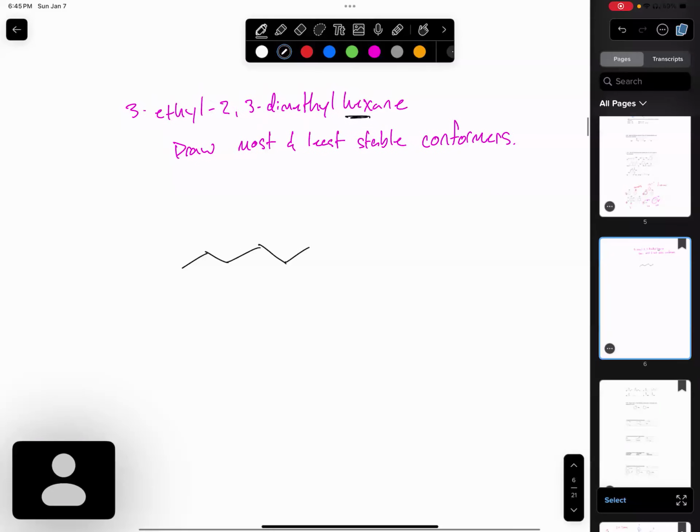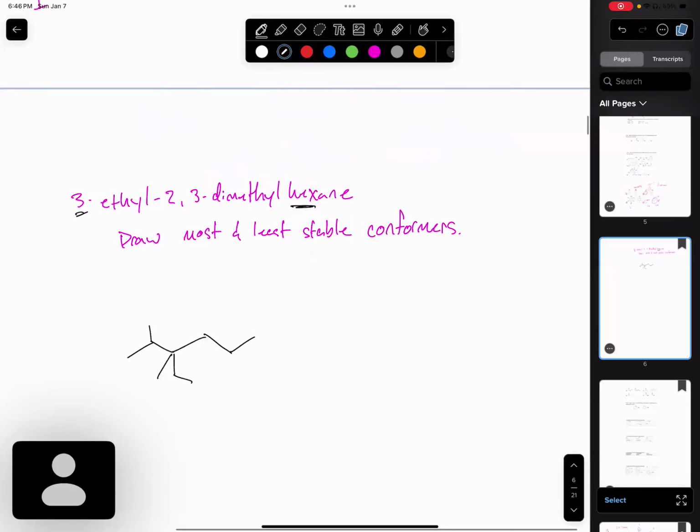I tell you that on 3, there's an ethyl. 1, 2, 3, there's an ethyl here. And on 2 and 3, there's a methyl. So here's a methyl, 3 is also a methyl. Okay, easy.